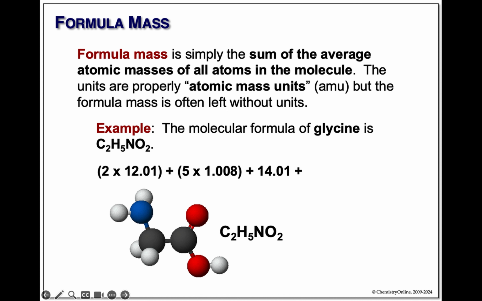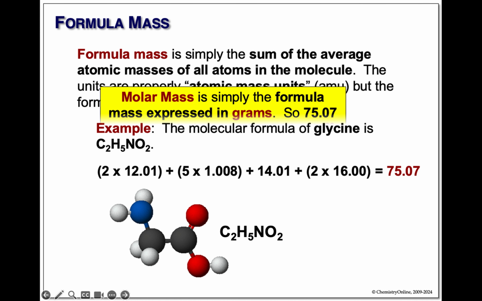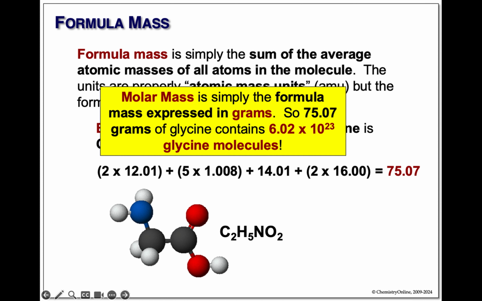Do all the multiplication, add up all the numbers, and you get 75 for formula mass. To make this into a molar mass, all you do is express this in grams. So if we have 75 grams of glycine, it will contain 6 times 10 to the 23rd glycine molecules. It's an amazing concept.